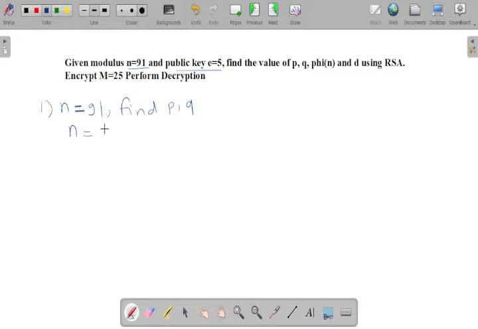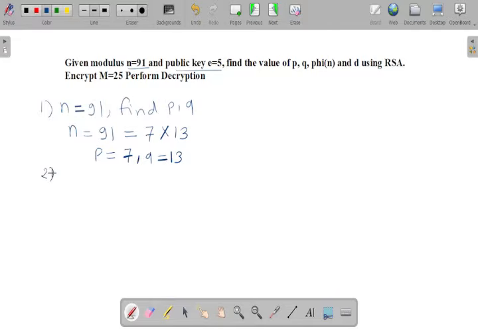We can write n = 91 as 7 into 13. If you observe, these 7 and 13 are two prime numbers. So we can consider here P equal to 7 and Q equal to 13. These are small numbers, but as per this algorithm, we can consider them as our two prime numbers.